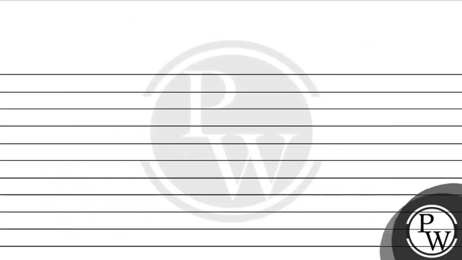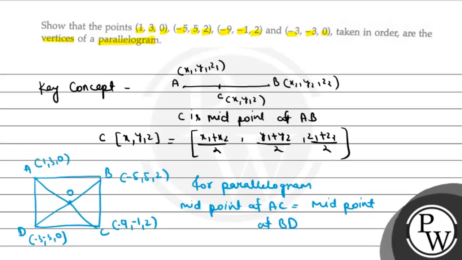Let's first take our LHS part, that is the midpoint of AC. Here we need to prove that the midpoint of AC is equal to the midpoint of BD.